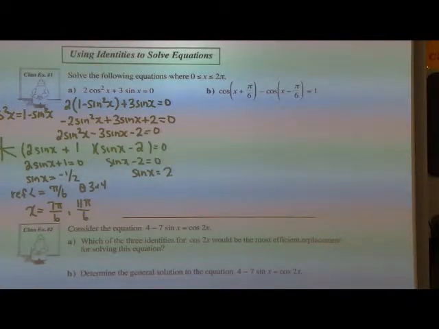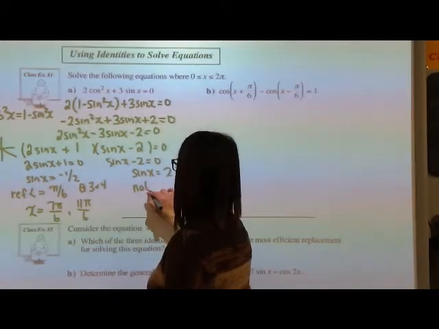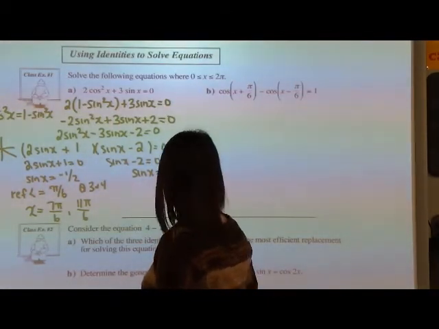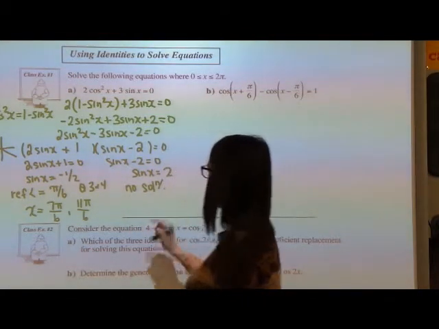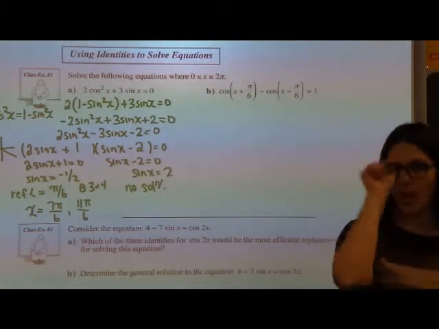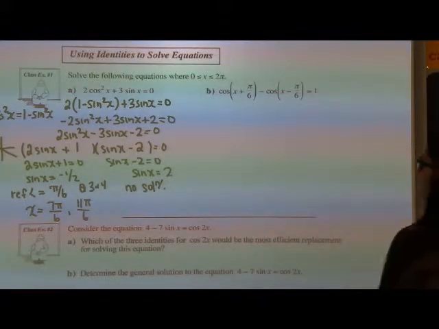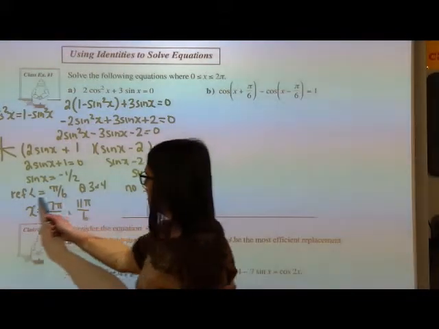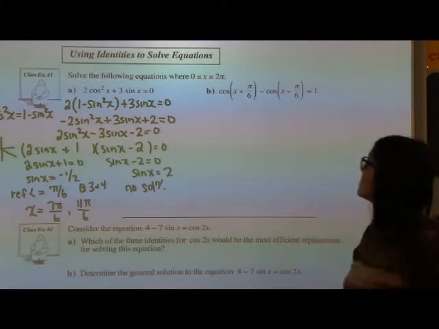Because sine can't be greater than 1, so there's no solution. That's the abbreviation for solution, SOL and then an N, and sometimes you can put a line underneath the N. So there's my solution, 7 pi over 6 and 11 pi over 6.